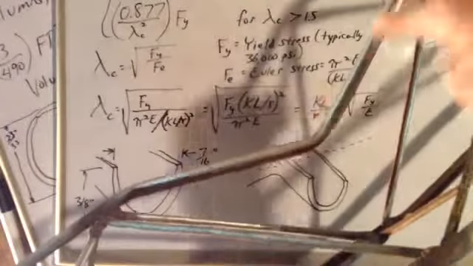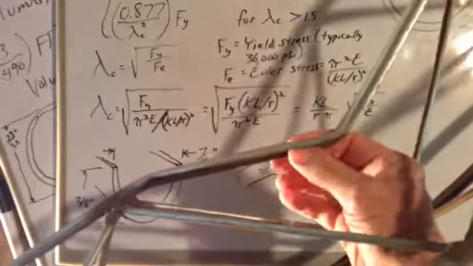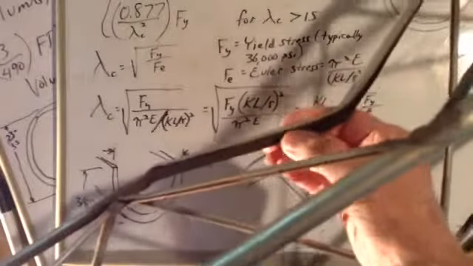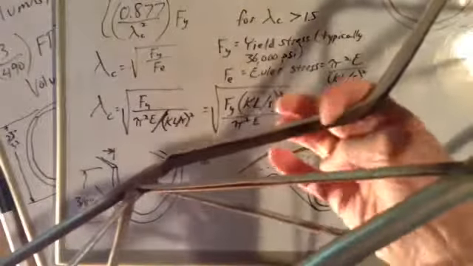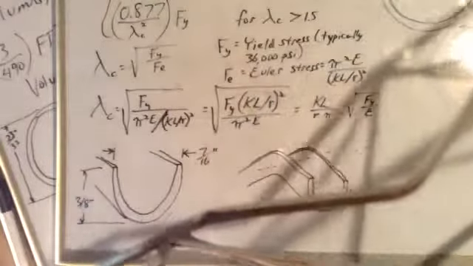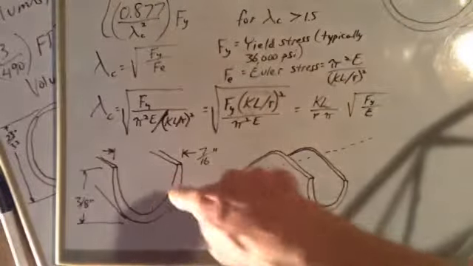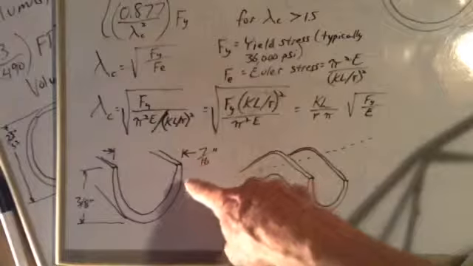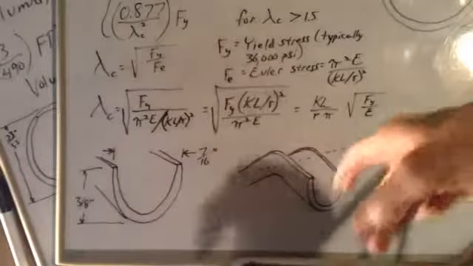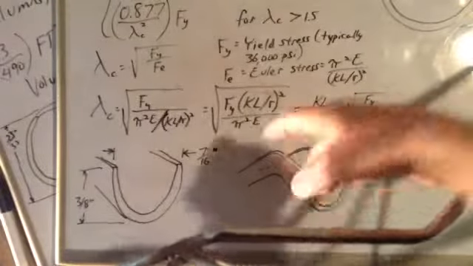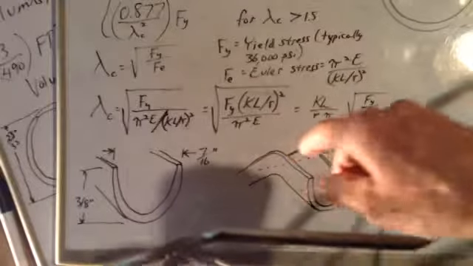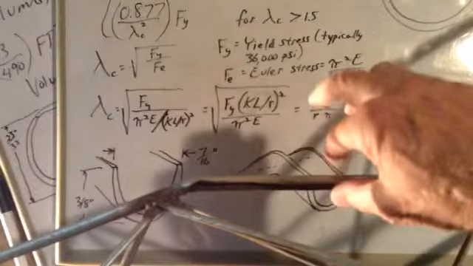It's about 13 inches long. See, it's U-shaped. There's the inside of the U where my thumb is. There's the outside of the U. It's about 7/16 inches across there, and it's 3/8 of an inch from there to there.